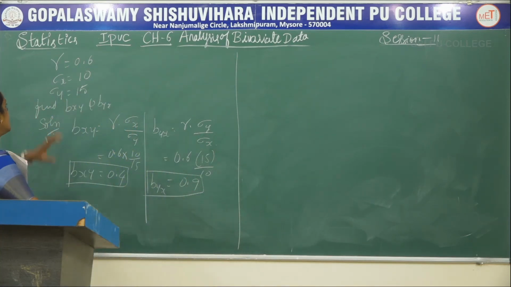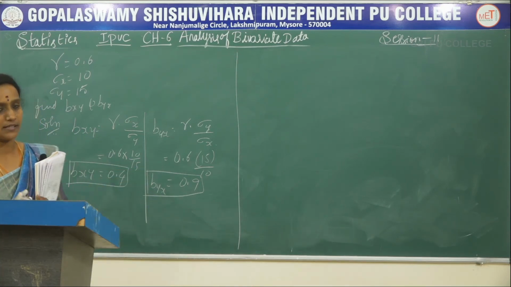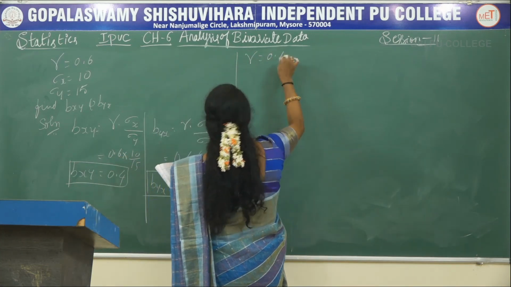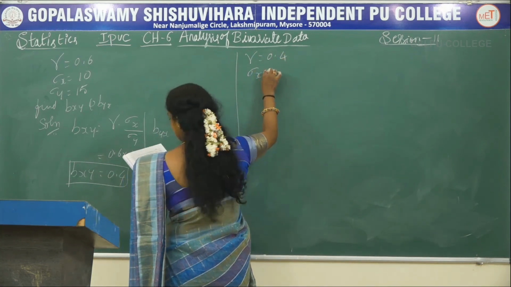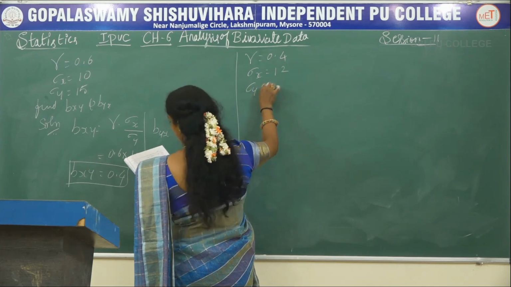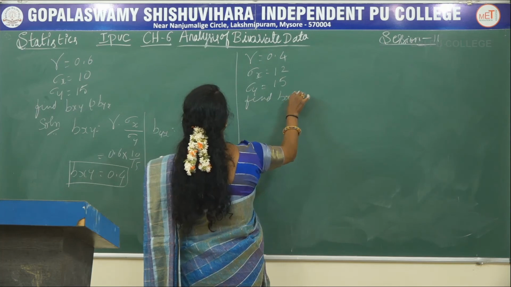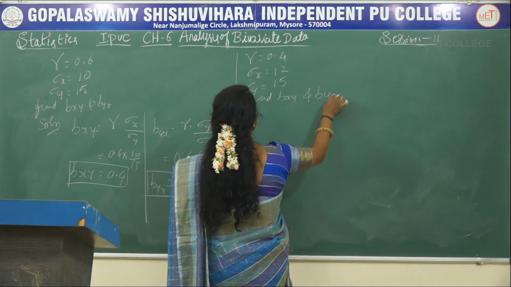In examination, if they give the values, we have to calculate any one of these, whatever they ask, that will be for 2 marks. Okay, one more problem. The correlation coefficient is 0.4, sigma x is equal to 12, sigma y is equal to 15. Find B of xy and B of yx.